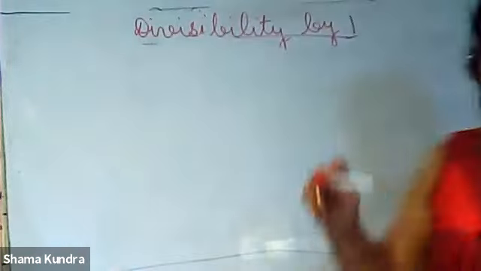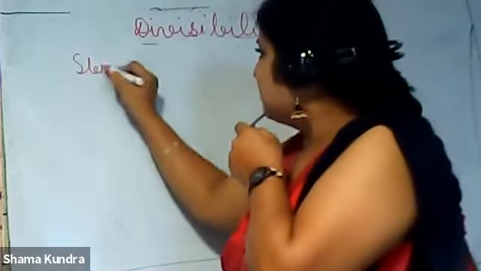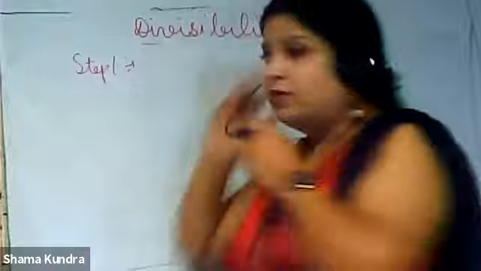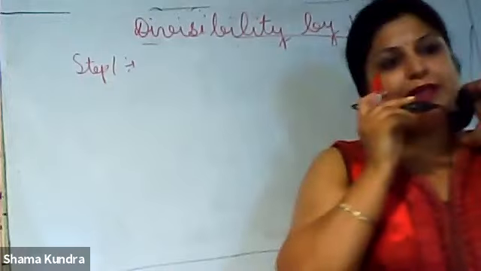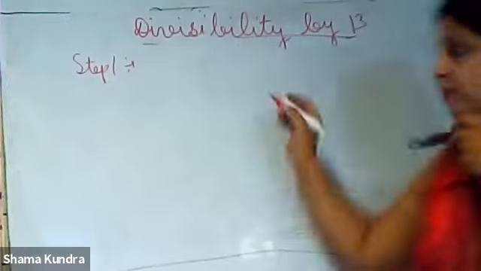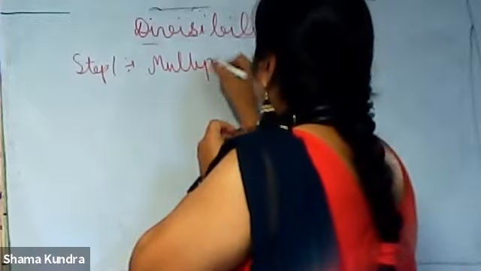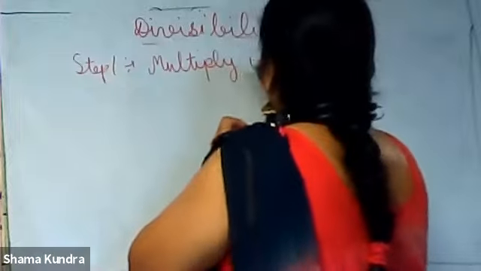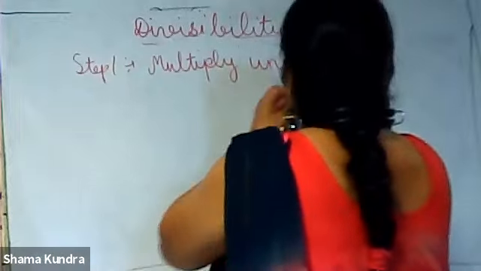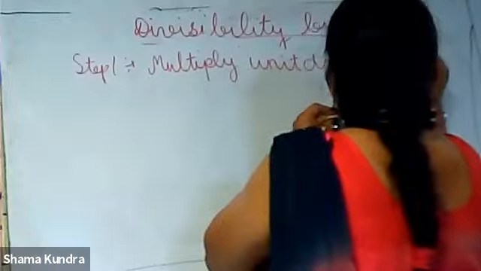Next is divisibility by 13. Step 1 is, you have to multiply the unit digit by 4.